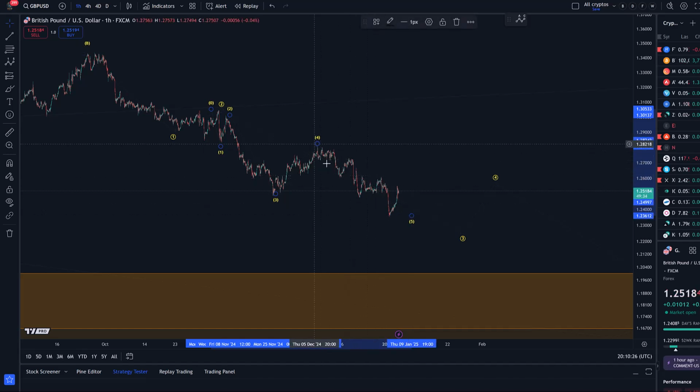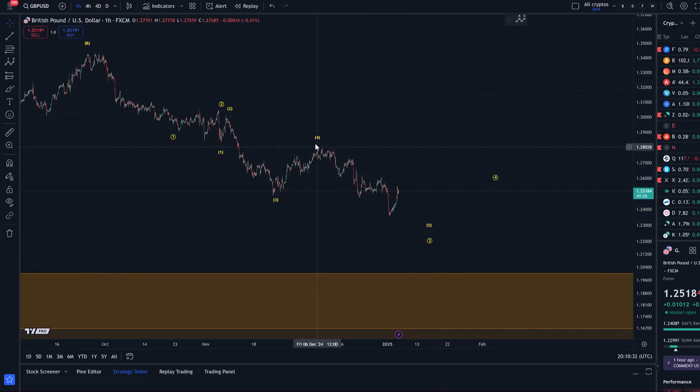This here looks like an ending diagonal to me, best I can tell. And while there is a 5-wave move down already, I think it would look best as a diagonal because this internal move down is quite short. So I would at the moment, ideally, like to see one more low.